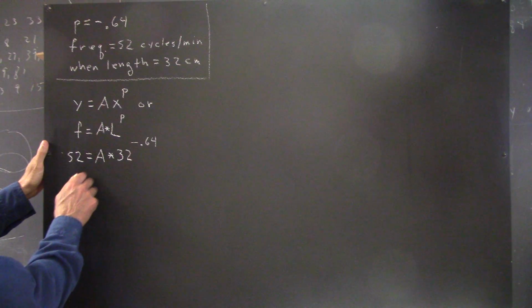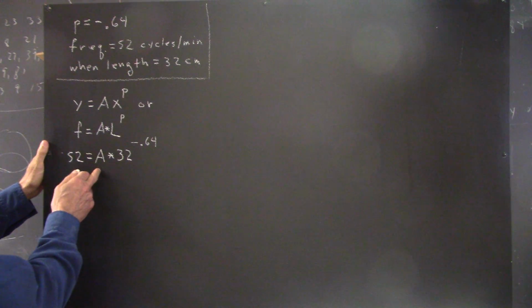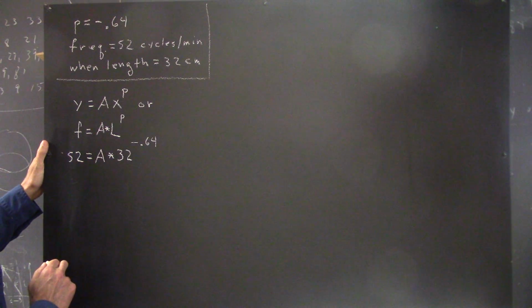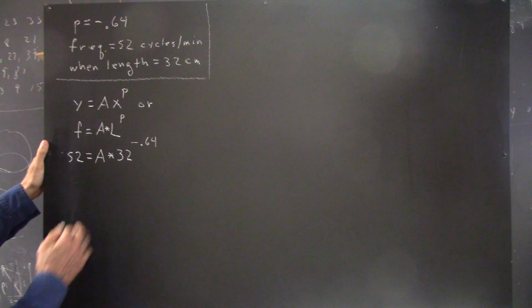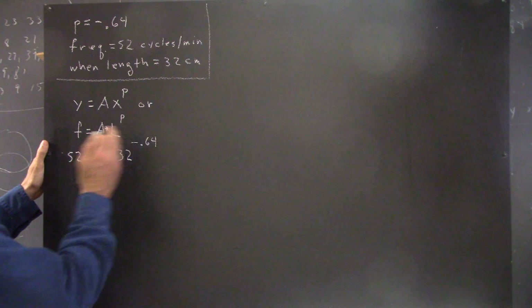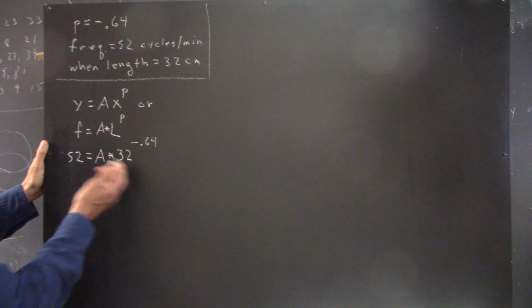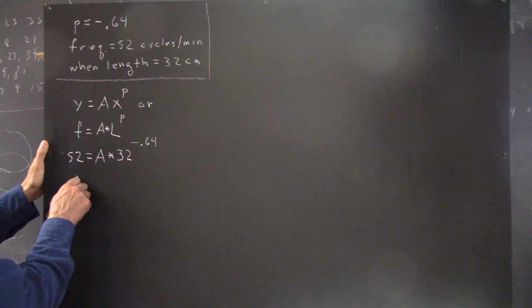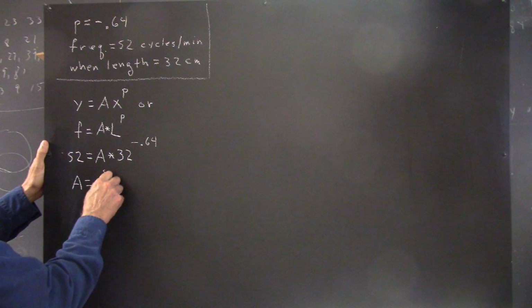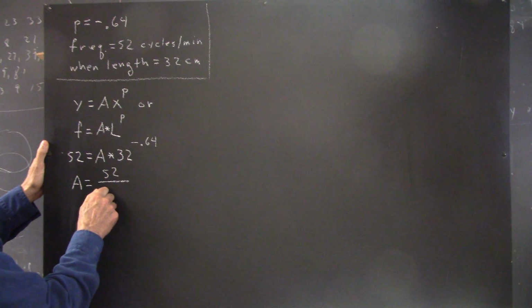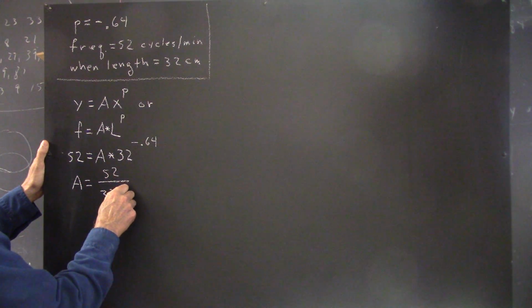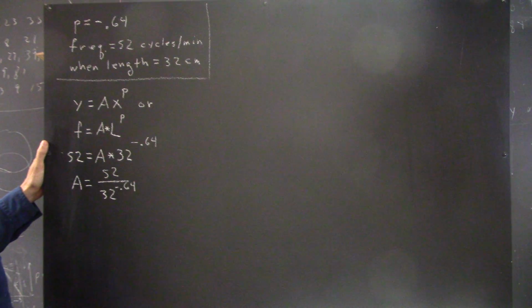This is fairly basic. Okay, well, simply A is multiplied by 32 to the negative 0.64. So if we divide both sides by 32 to the negative 0.64, we're going to get A. So we're going to reverse sides too. We're just going to say A is 52 divided by 32 to the negative 0.64.